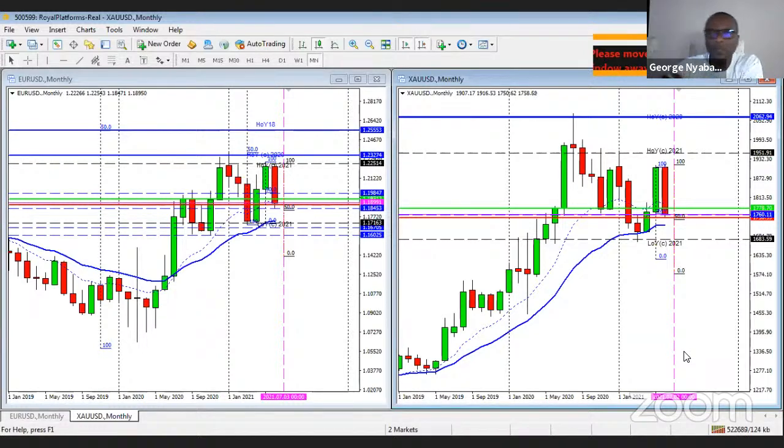Now, while we're still there, so I've just said to you, if the bears are strong, they're going to close at the low of the month. They have a really strong close and a demonstration of strength. They would have reversed completely this bull breakout from the EMA. Bulls were obviously not strong enough.